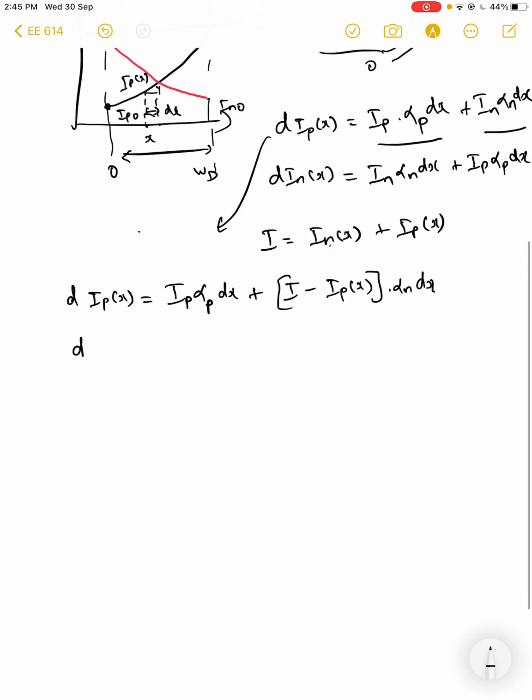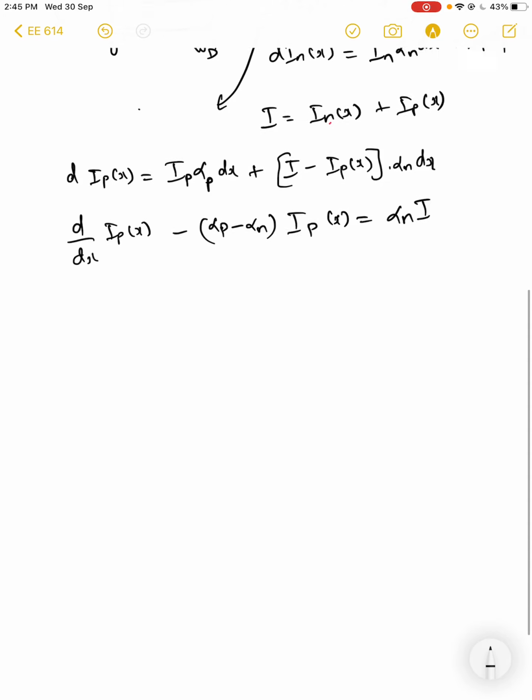So now I can write d by dx of Ip of x minus (alpha p minus alpha n) Ip of x is equal to alpha n I, right?